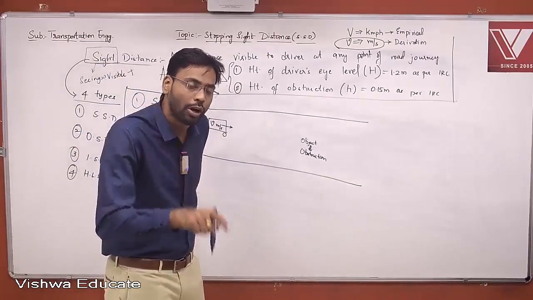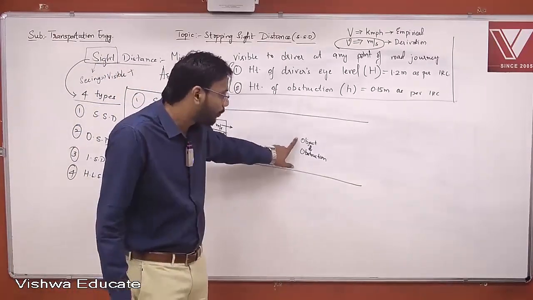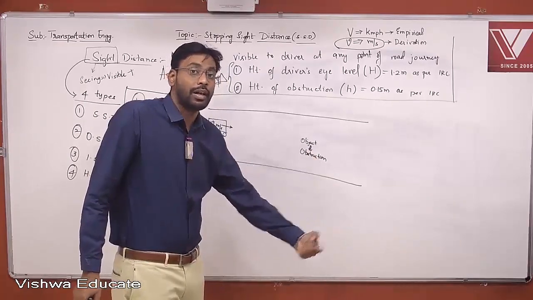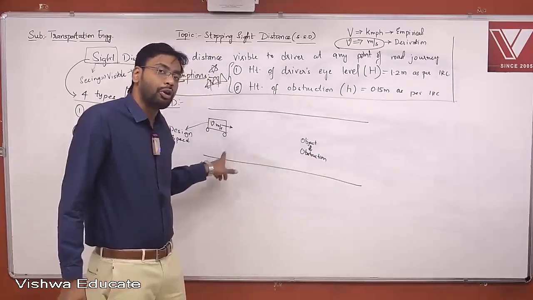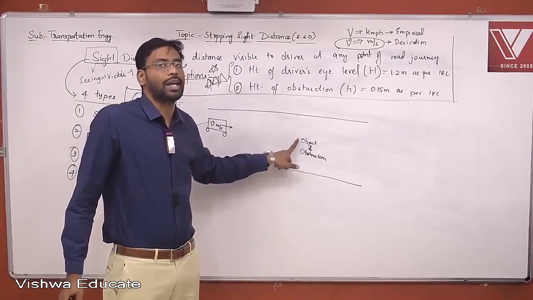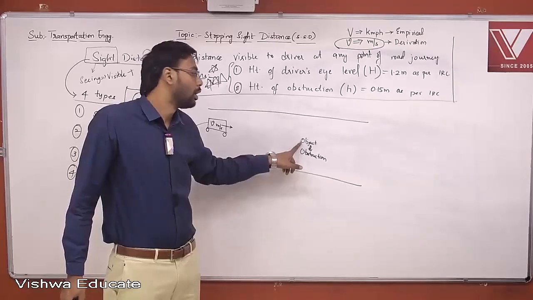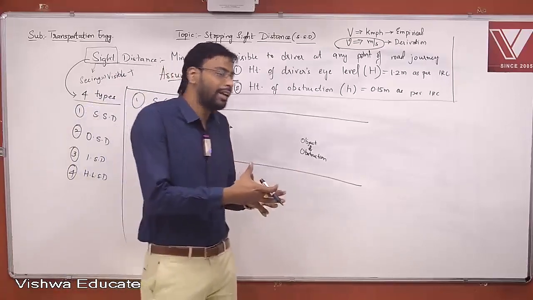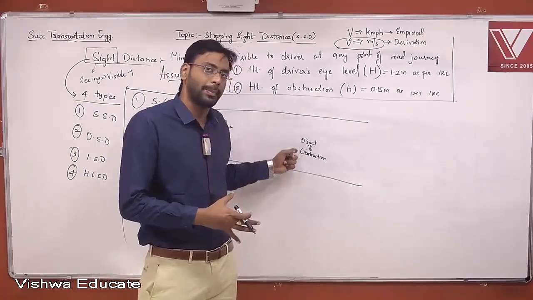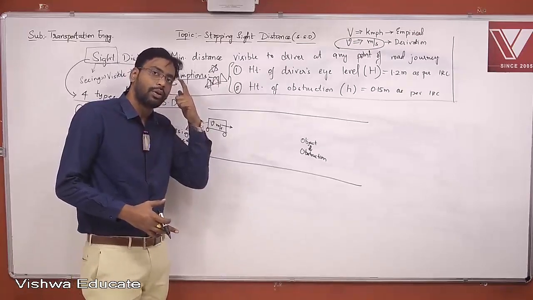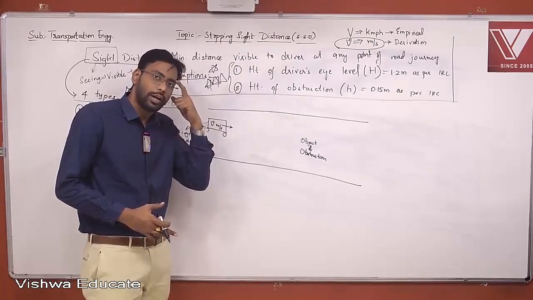And when do you call it an obstruction? If this object is more than 15 centimeters and your vehicle can't climb over it or escape from this object, you will call that an obstruction. So to decide whether the object is an obstruction or not, the driver needs to think, right?